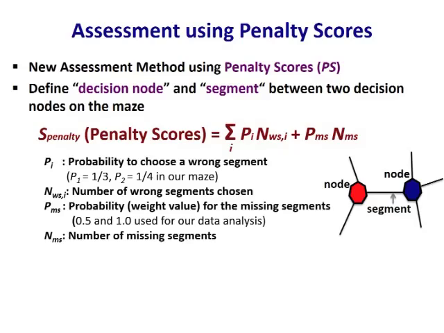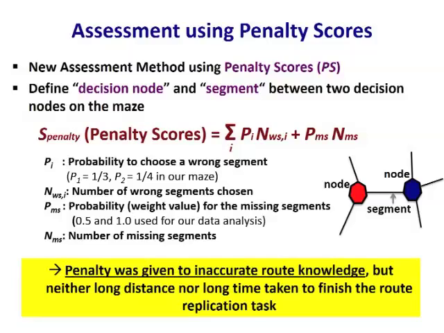So we summed up all mistakes, applied with reasonable probabilities, which users made during the route replication task. Thus, the penalty was given to inaccurate route knowledge, but not the traveled distance or task completion time of the route replication task.